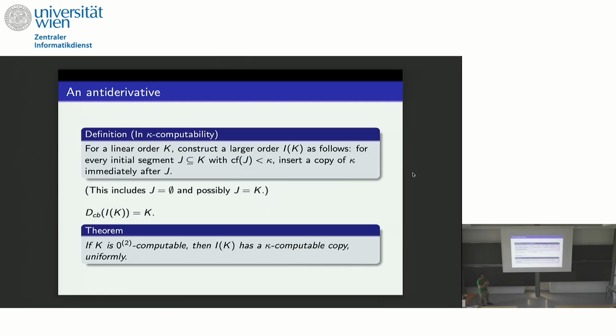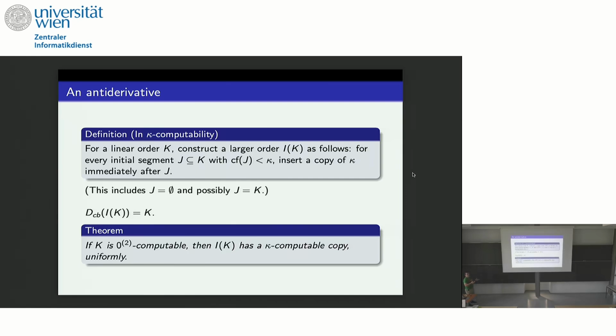How about an antiderivative? The way we're going to define the antiderivative is: if I've got a linear order, I'm going to look at every initial segment with small cofinality, and for each of those initial segments, I'm going to insert a copy of kappa immediately after it.